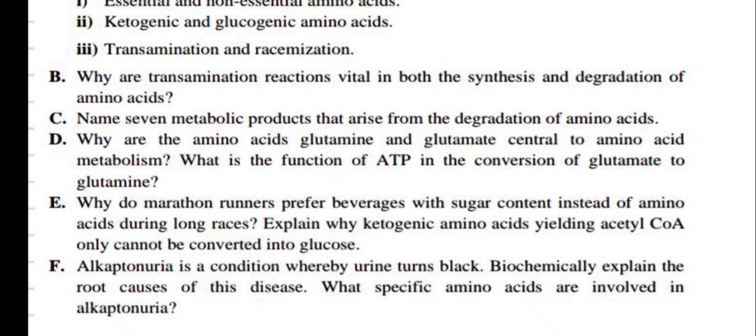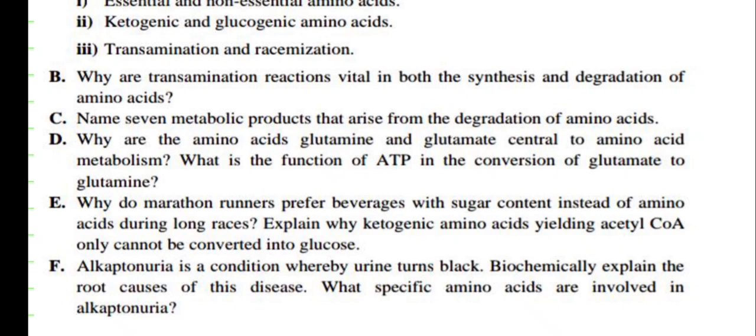Now, the problem is that when you form those ketone bodies from these amino acids, they can only form acetyl-CoA. And acetyl-CoA cannot be used to form glucose directly. It must be diverted into other different molecules that can then perform gluconeogenesis, because acetyl-CoA cannot be converted into glucose directly.